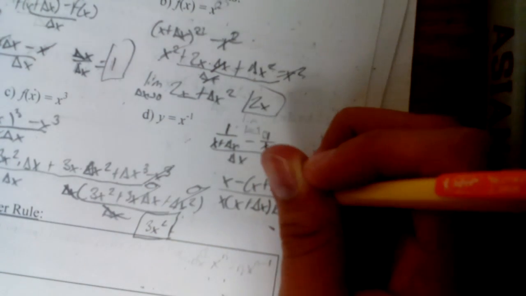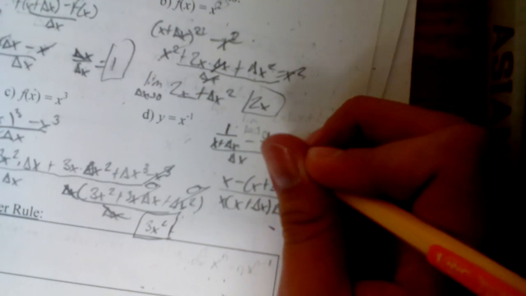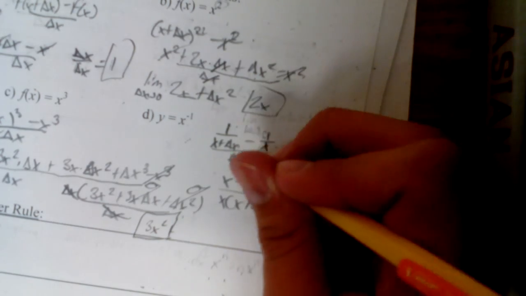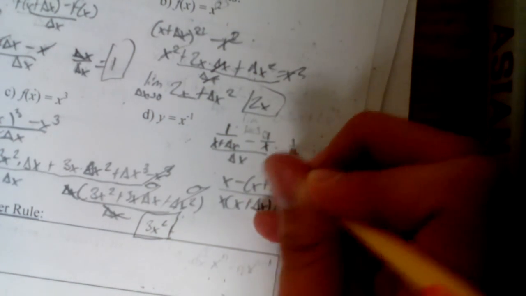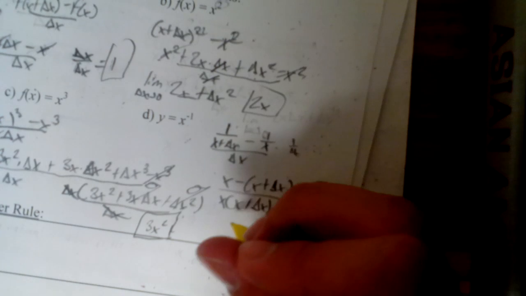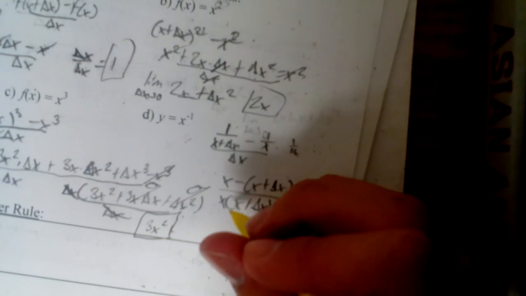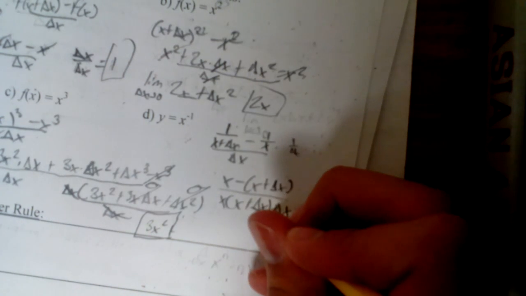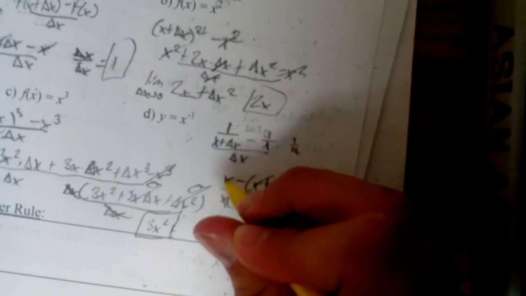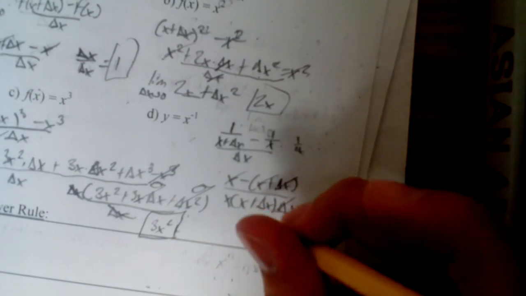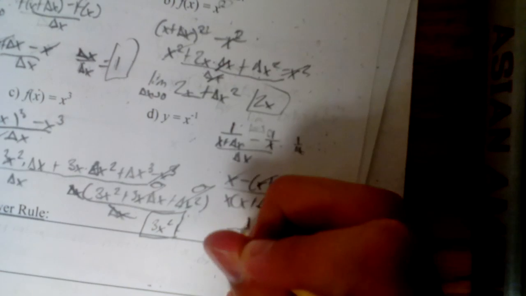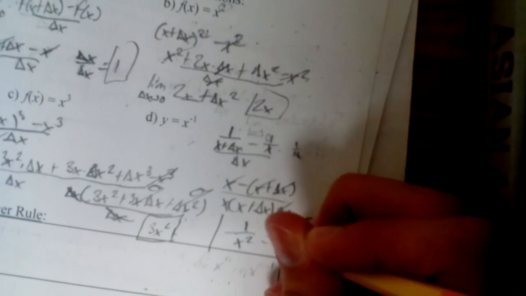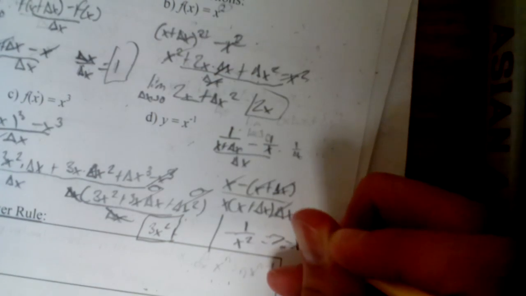You get this by getting the same denominators and multiplying by 1 over delta x. And when you simplify that all out, these canceling all out, you would get negative 1 over x squared, which can be rewritten as negative x to the negative second power.